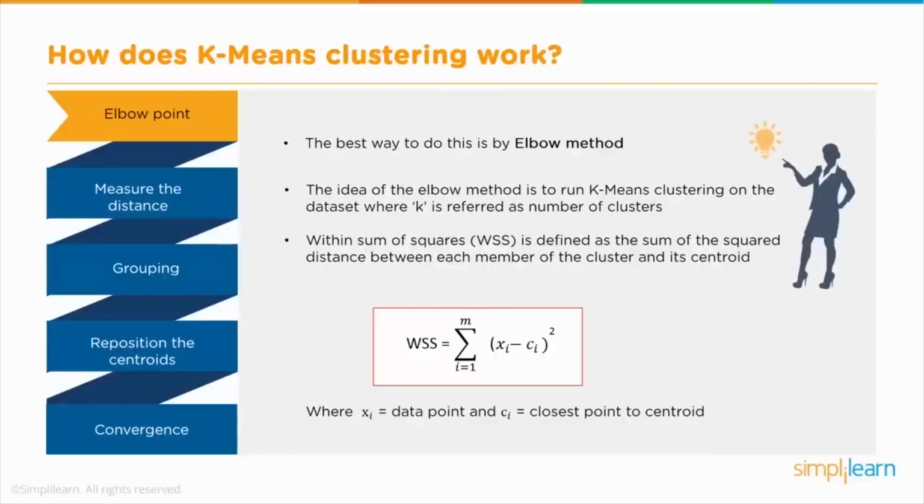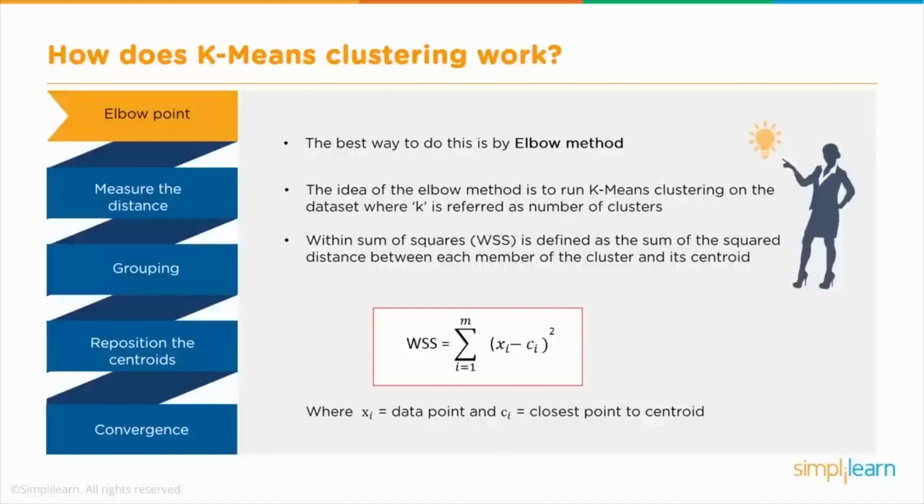When these clusters are formed, there is a parameter called within sum of squares. The lower this value is, the better the cluster is. That means all these points are very close to each other. So we use this within sum of squares as a measure to find the optimum number of clusters that can be formed for a given data set.